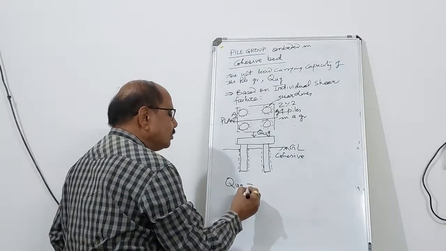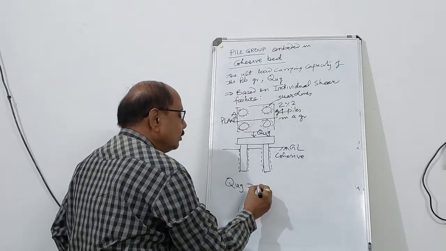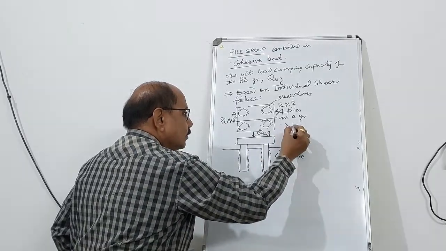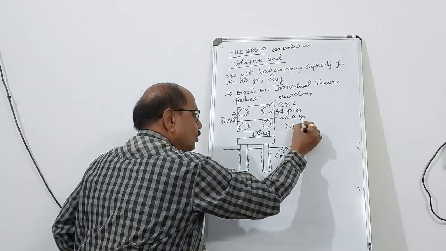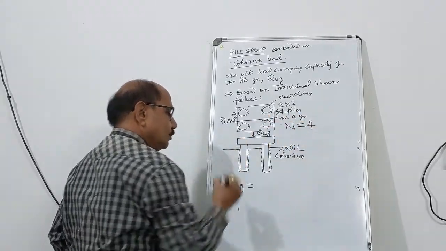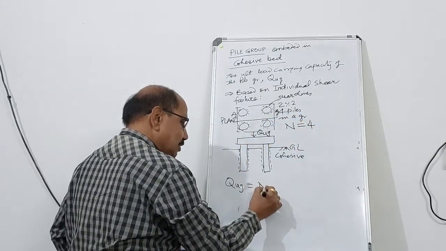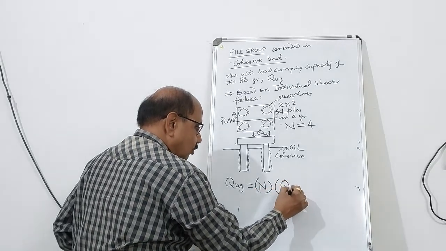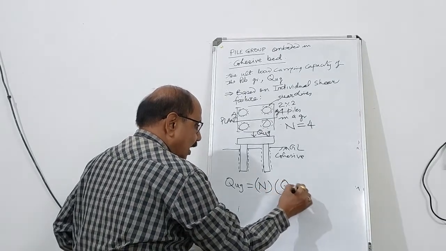And for that case, QUG will be the number of piles. Let the number of piles be n. Here n equal to 4 for this case. So the number of piles multiplied by the ultimate load carrying capacity of a single pile.